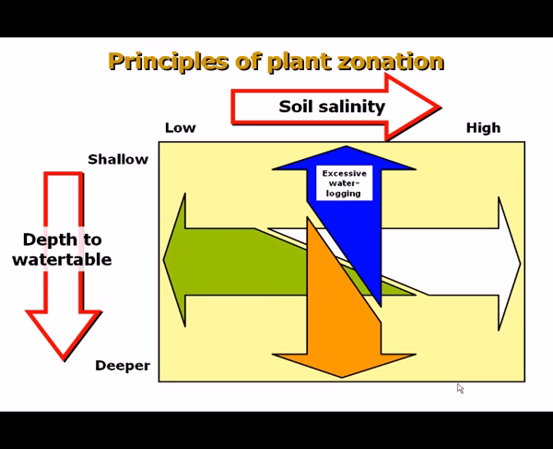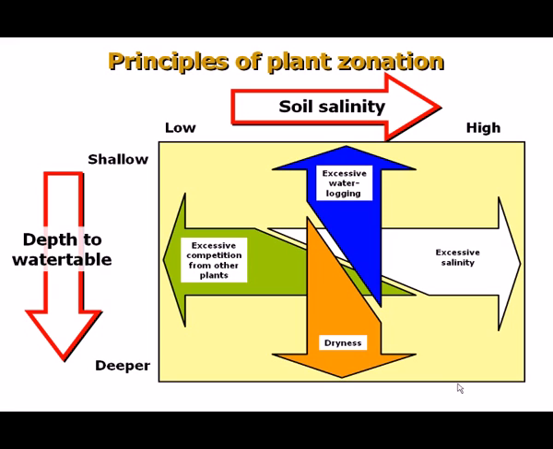We've got very shallow water tables, it'll be excessive waterlogging that's going to be a problem. We've got high levels of salinity, it's going to be salinity that's the problem. We have deep water tables, could well be dryness is the limiting factor. And if everything's good, then we've got excessive competition from other plants.